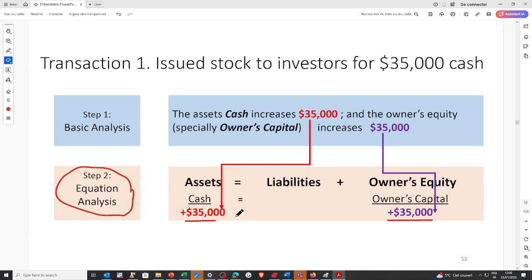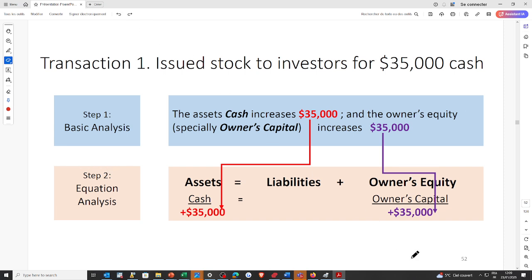So you can see from here that there's no change in the liability. That's the reason why the two sides of the accounting equation are equal. So we have done the first transaction, and now we will go for the second transaction, right?